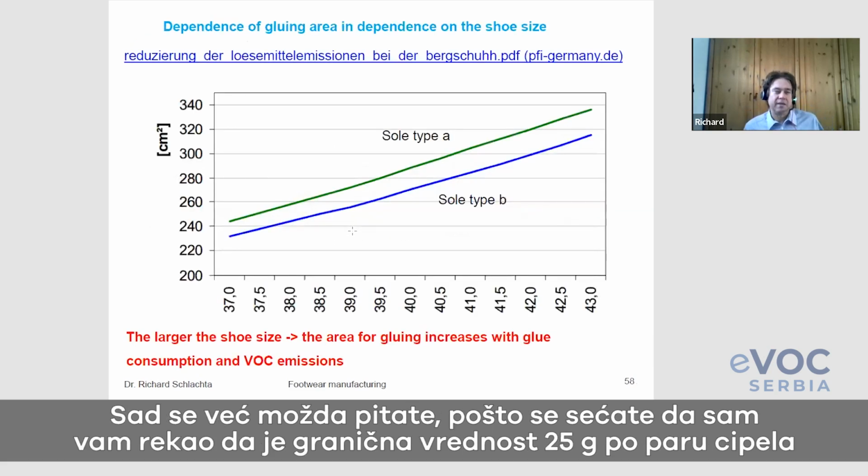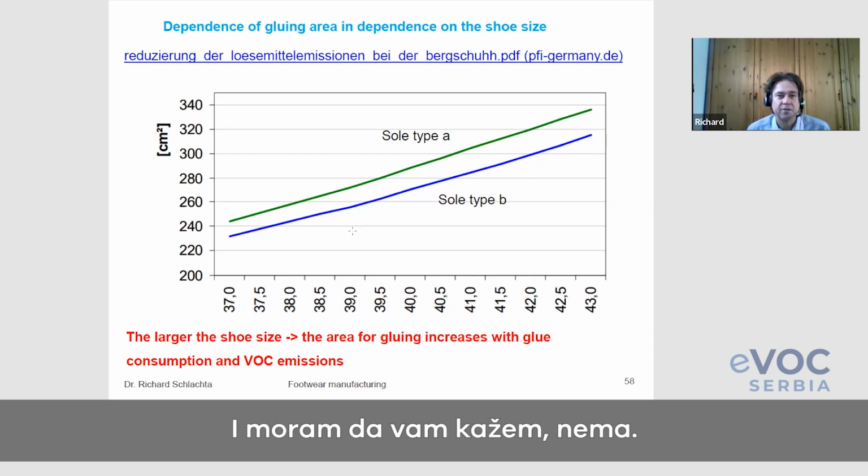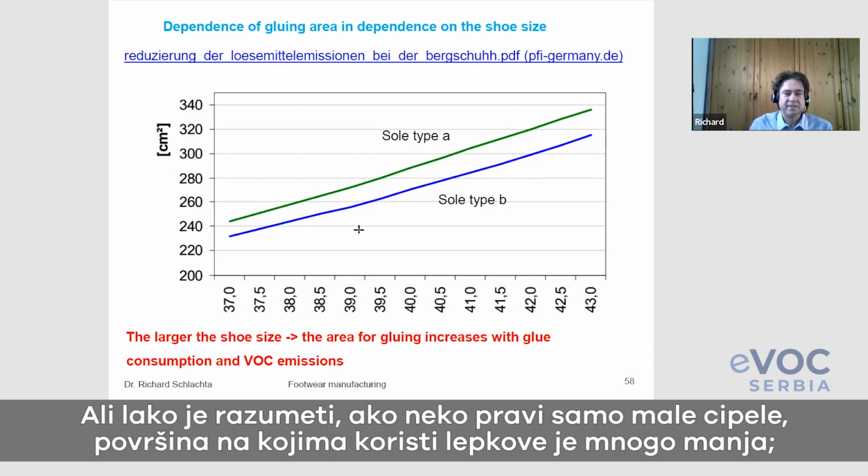Now maybe you are already asking yourself, I told you before, you have 25 grams per pair of shoes. Is there a differentiation between different shoe sizes? And I must tell you, no. But it is easy to understand.